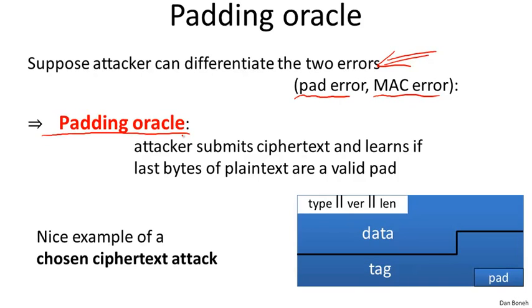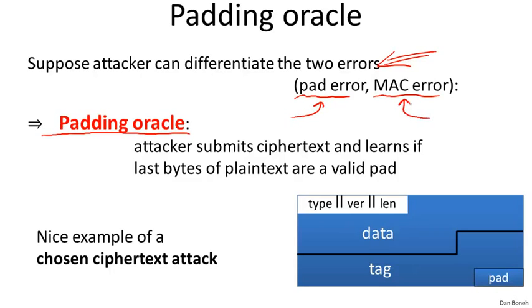If the pad doesn't have the correct format, we'll get one type of error. If the pad has the correct format, it's very likely, since this is just some random ciphertext that the adversary concocted himself, the MAC will be incorrect, and then the adversary will observe a MAC error. So if the pad is invalid, we'll see a pad error, whereas if the pad is valid, we'll see a MAC error.